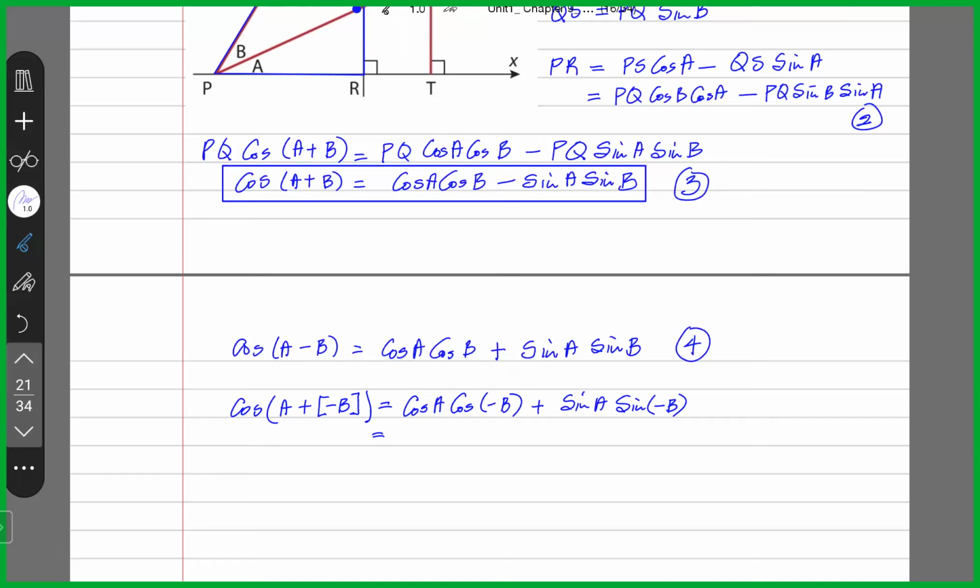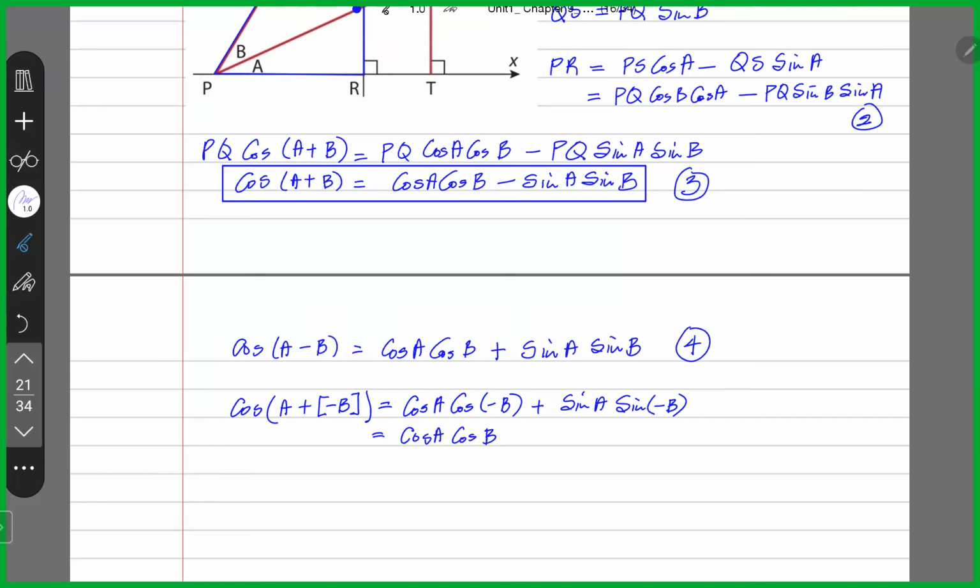The cosine of the negative of an angle is equal to the cosine of the positive of the angle. So this would be the same as saying cos A cos B.